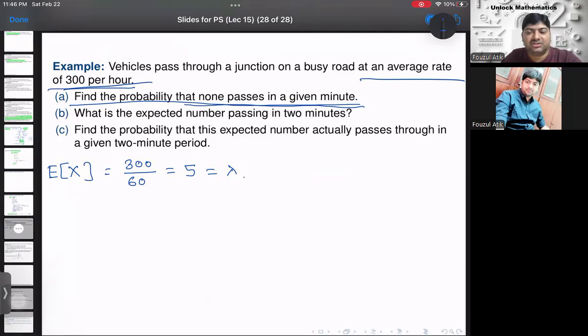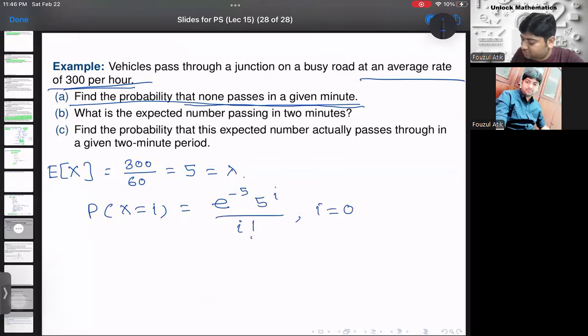Therefore, X will follow the Poisson random variable, and what will be its probability mass function? P of X equal to i is equal to e to the power minus lambda, which is minus 5, into lambda to the power i, which is 5 to the power i, divided by i factorial, where i is equal to 0, 1, 2, and it can be a very big number. Clear?